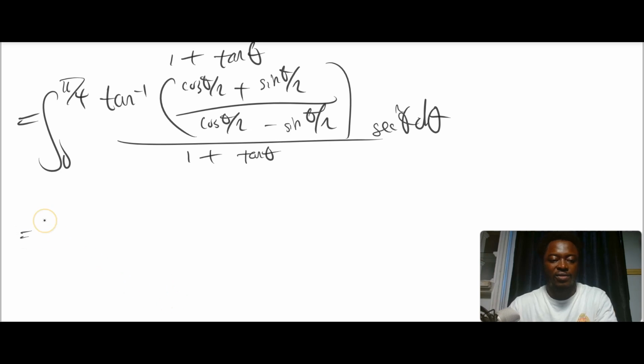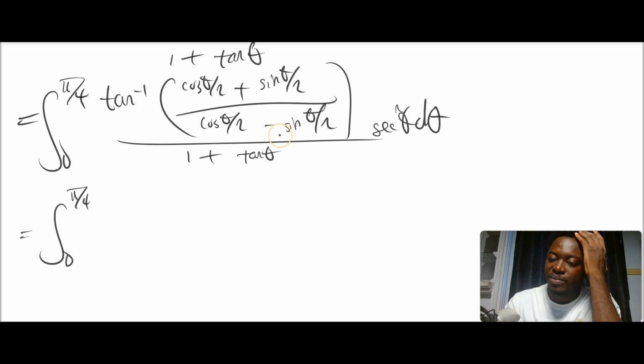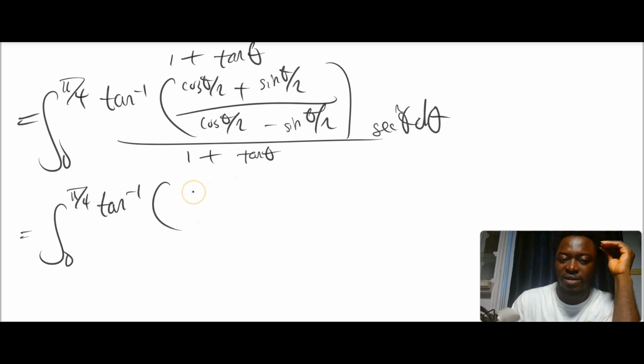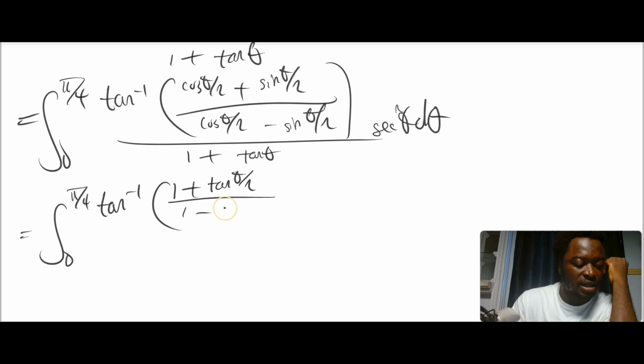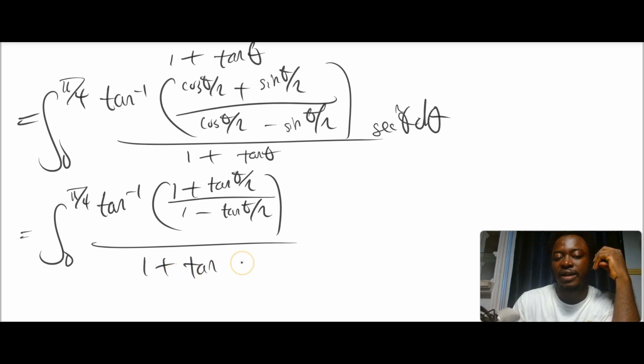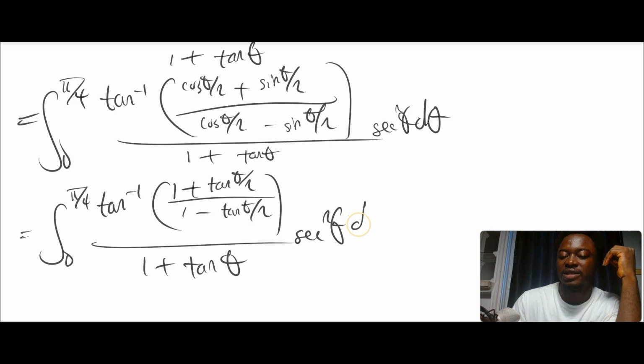Well, you still have to put this as the integral from 0 to pi over 4. Then if you divide top and bottom by cosine, you will have this is a tan inverse of 1 plus tan of theta over 2, and this is 1 minus tan theta over 2, and all divided by 1 plus tan of theta, secant squared theta d theta.